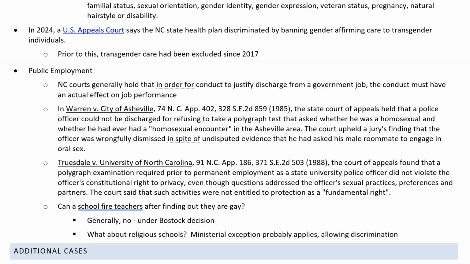The two cases I gave you there happened back in the 80s. And this was a time where, for police officers, you couldn't work as a police officer and be a homosexual. So police departments were trying to deploy the use of polygraph tests to tease out if a person was actually homosexual, and if they were, then they could be fired from the police department.